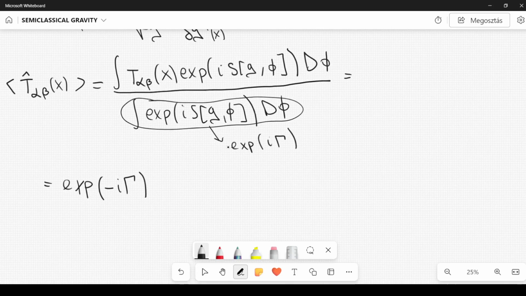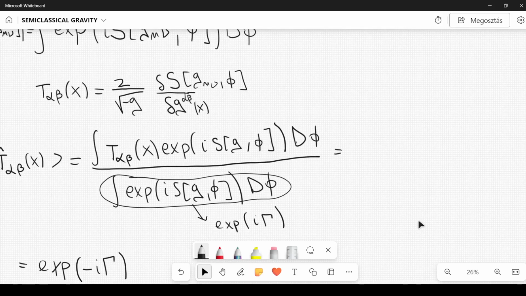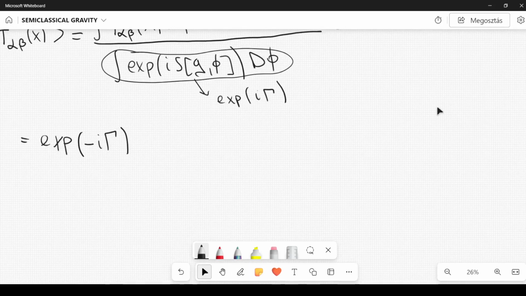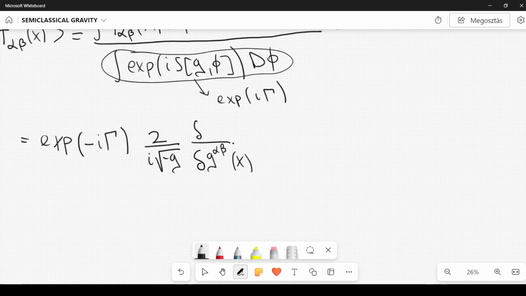And since we can write T alpha beta in this fashion, you can see that we have a derivative of this action inside the integral, so we can rewrite this as 2 divided by i, a factor of i, square root of minus g, and then we have this functional derivative of the exponential of i gamma.